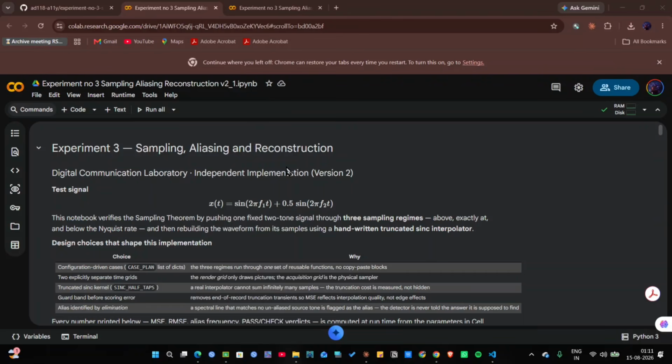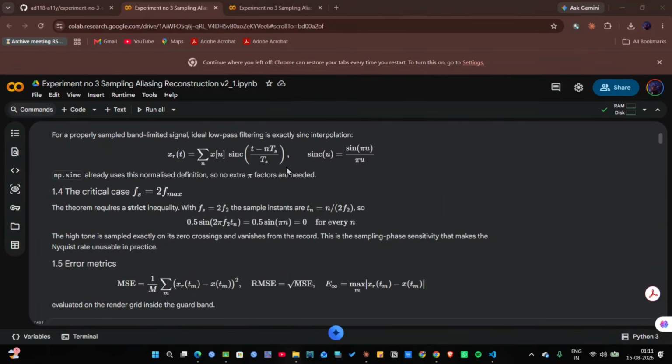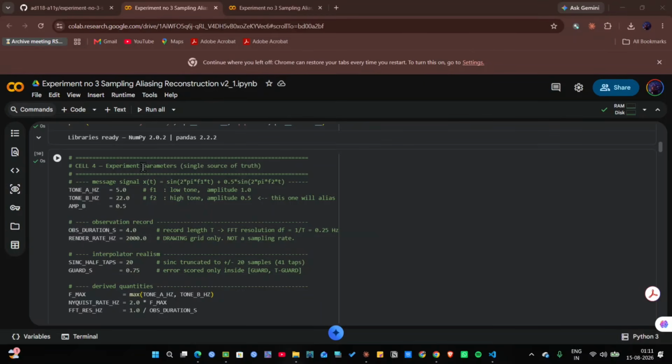Our test signal, shown in cell 4, is a two-tone composite: a 5 Hz tone and a 22 Hz tone. This setup lets us observe how both lower and higher frequencies react to different sampling conditions, especially focusing on the 22 Hz tone.